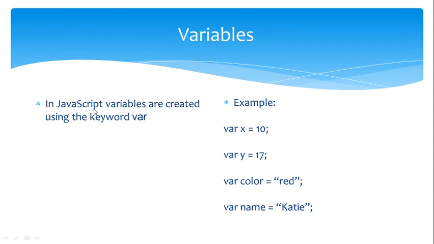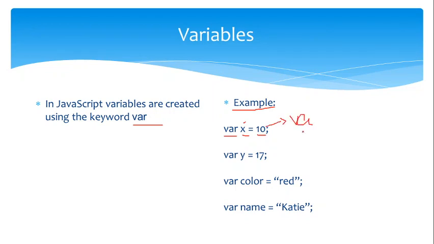Here in JavaScript, variables are created using the keyword var. This is a keyword. With the help of this keyword we can create a variable. So here are some examples. var is a keyword, x is a variable, and this is the value.